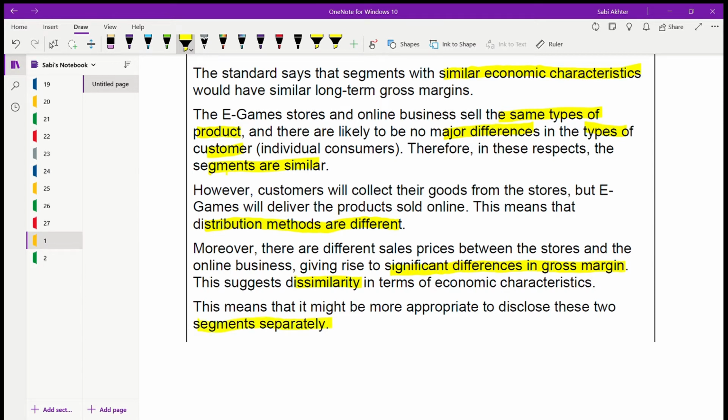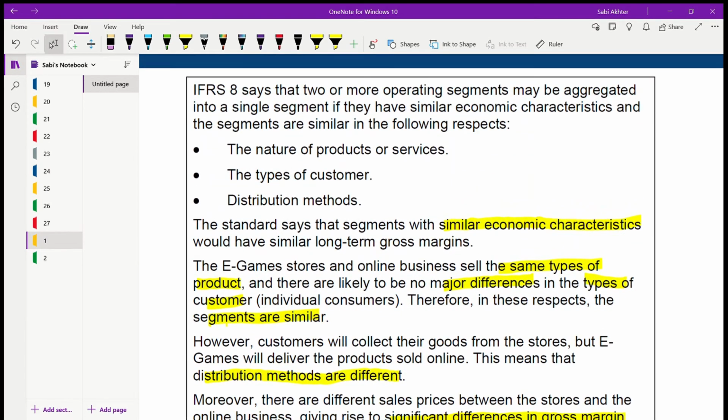So you need to see these three things whenever you decide whether to aggregate or not: the nature of products or service, the type of customer, and the distribution methods. The first two are the same, but the distribution method is different. One is selling online, one is selling in stores, and they are charging different prices, so their gross profit margin might be different. But again, when you're answering such questions, remember there is no right or wrong answer. Some might say to aggregate. Still, you will get full marks if you can justify. You can say that the nature of the products and services and the type of customer are the same, so aggregate it.